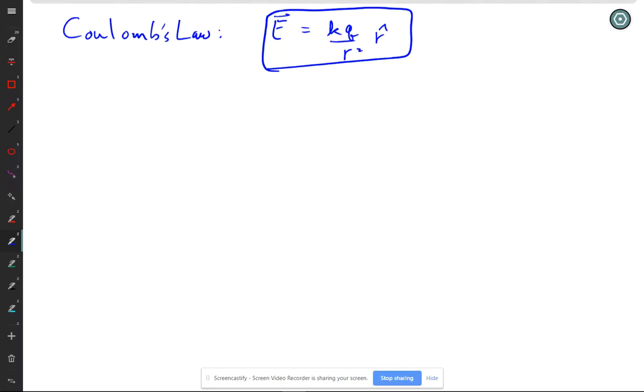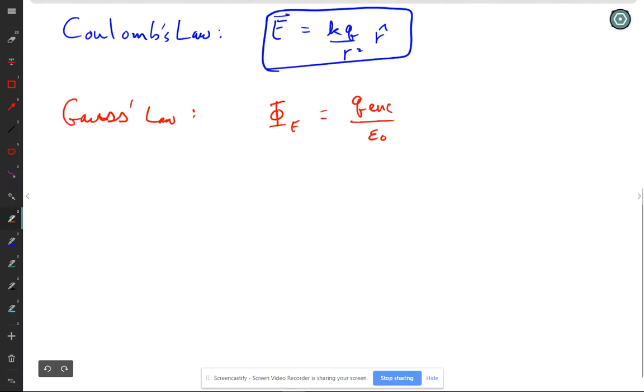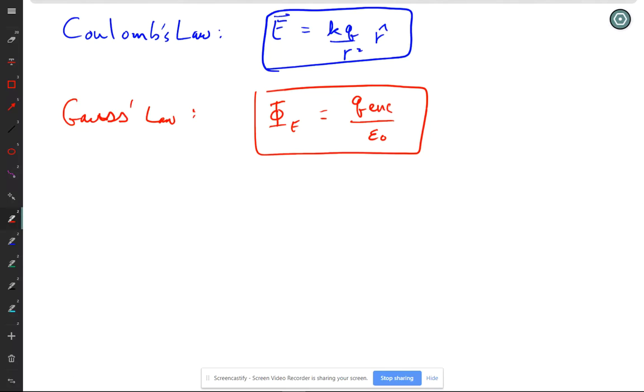And what is Gauss's law? Gauss's law is that the electric flux from a closed surface is equal to the charge enclosed over epsilon 0. So those are the two laws, and when you look at them, you're probably thinking, I don't see the relation, right?